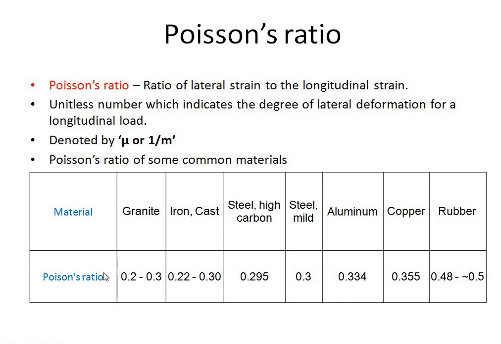So what you want to remember here is that the value for most common engineering materials will be around 0.2 to 0.4, right? Not more than that. Here rubber is around 0.5.